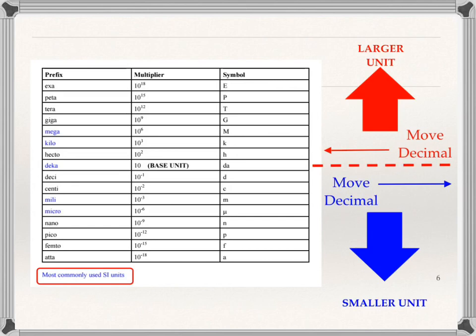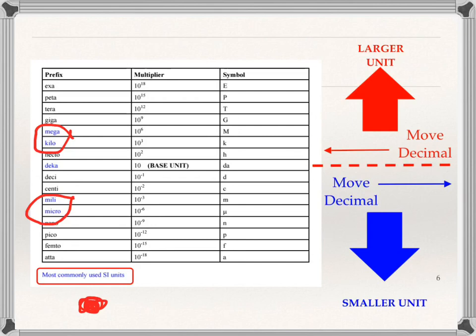I'll get my pen to work, sorry. Right here and right here. So those, for electrical units, those are the main prefixes that we're going to use.